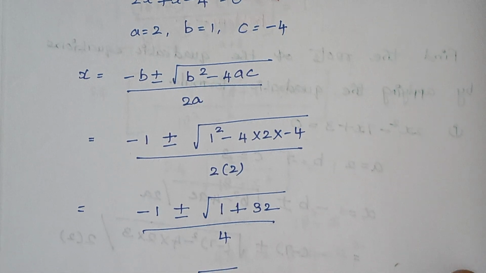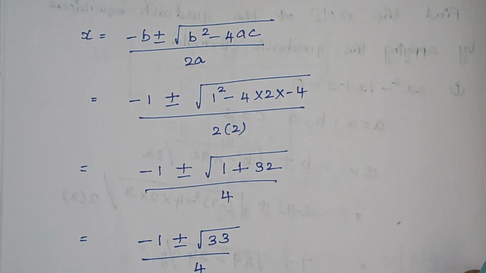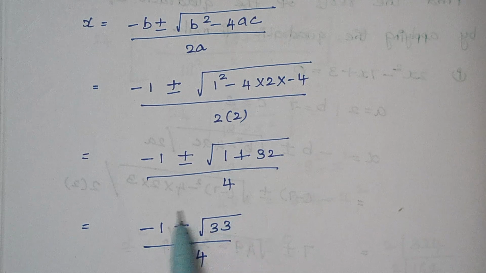Now when you simplify, square root of 32 plus 1 is square root of 33, and for square root of 33 we don't have a perfect number. So we are keeping this as such.